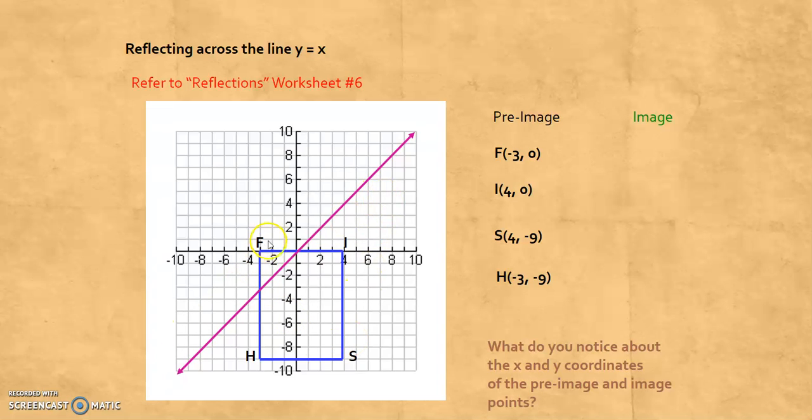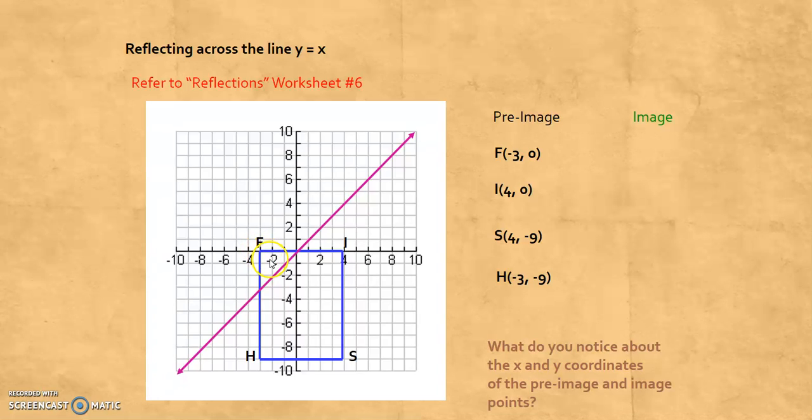And so we have to reflect across this line. Now remember that when you reflect, you have to go perpendicular, the same distance from the line. If I look at the F coordinate, it's located at -3, 0, and I have to go perpendicular.